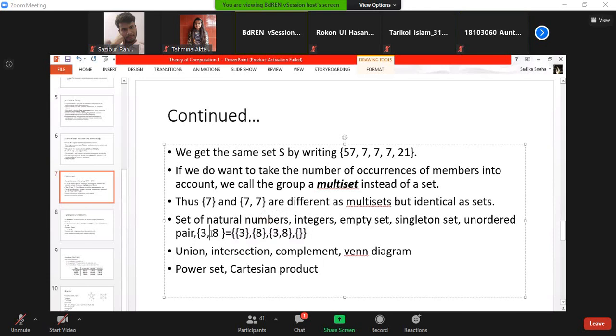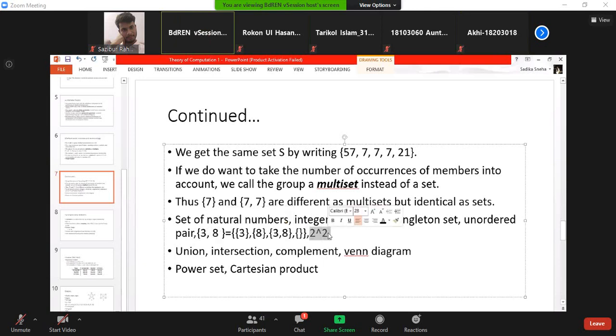And how did you find out? We all know that it will be 2 to the power of the number of elements. So in this case, the number of elements is 2. So the number of members of the power set will be 2 to the power 2, or 4 elements, right?